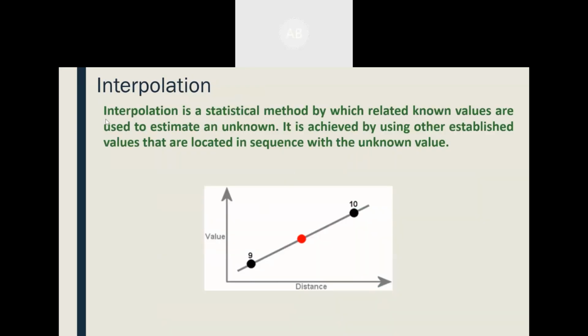Then coming forward, we have talked about the relationships, then we have talked about regression modeling. Quite increasingly, sometimes you have to find out the value of y for a particular value of x.